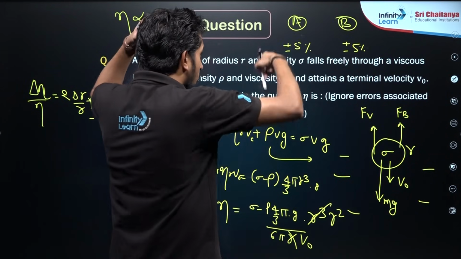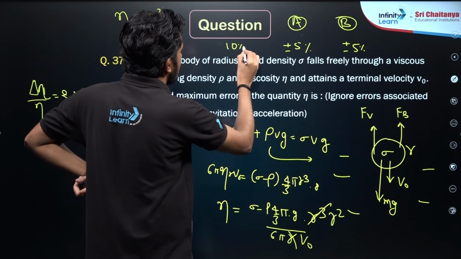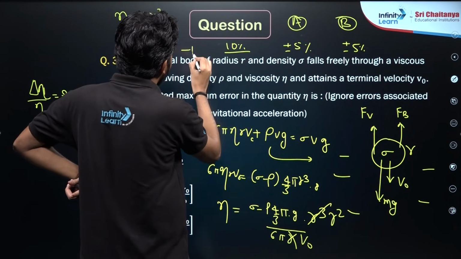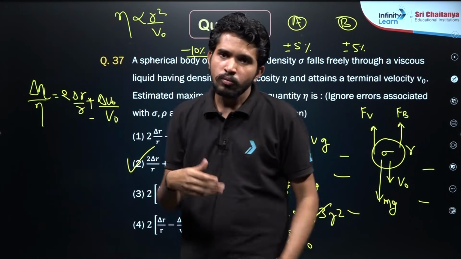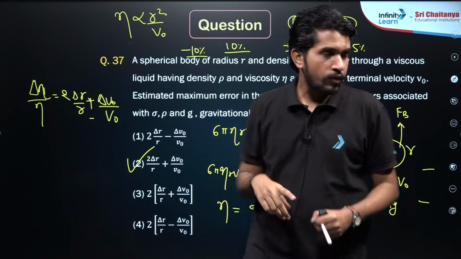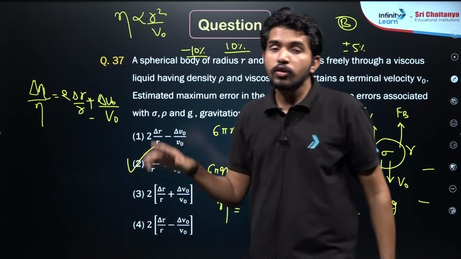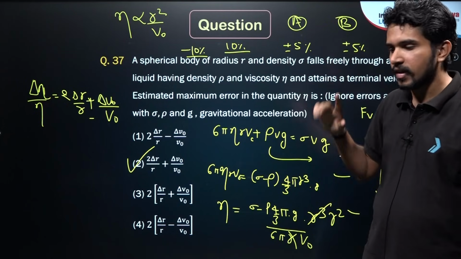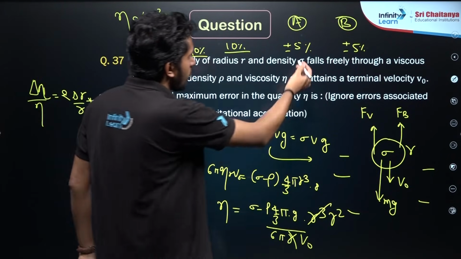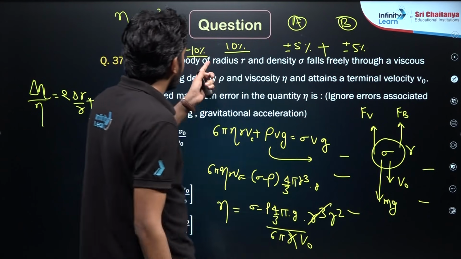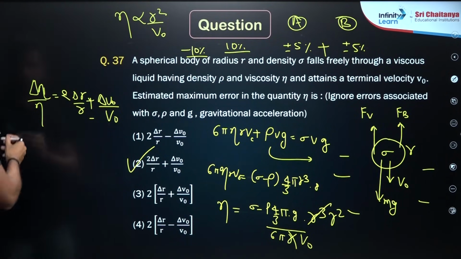So maximum would be 5 and 5, 10%, and minimum would be minus 10%. Maximum it could be 10% higher when you are doing sum, and it could be 10% lesser when you are multiplying it. So when you are adding these two things, that would be plus minus 10%. That's why we always take the plus sign here. Okay.